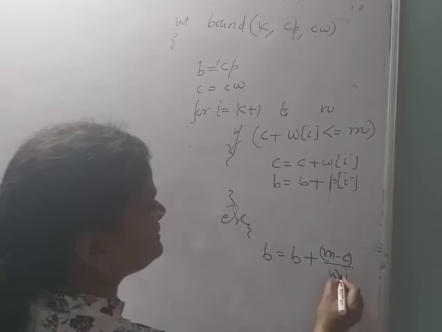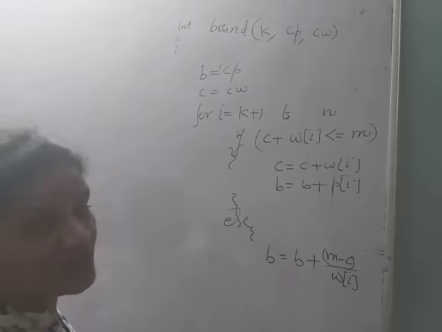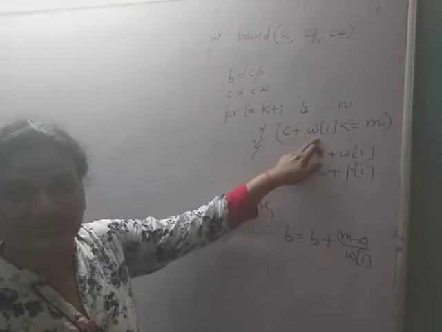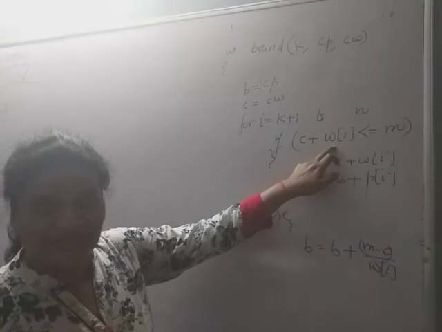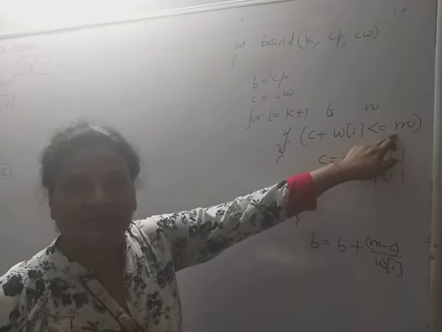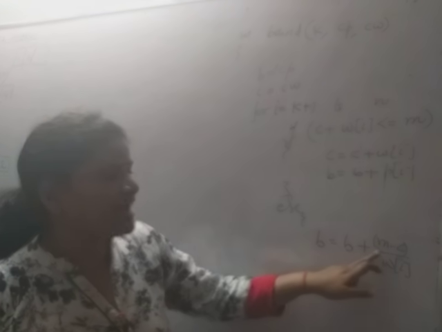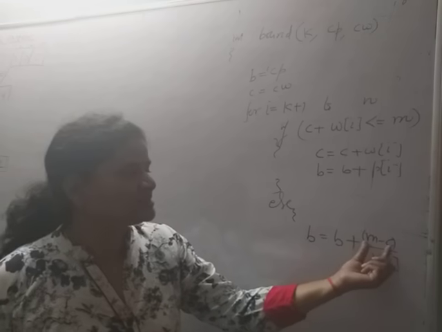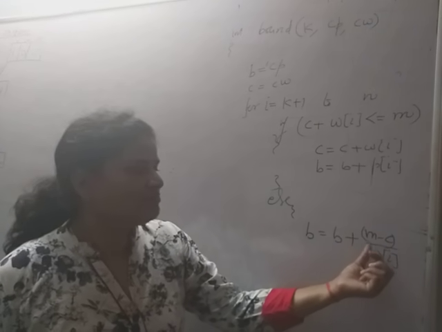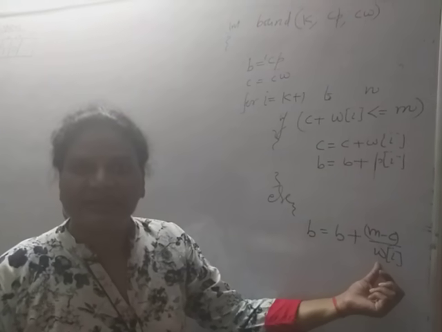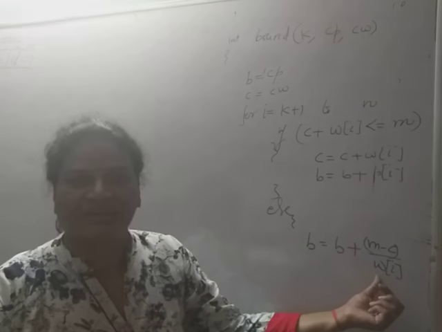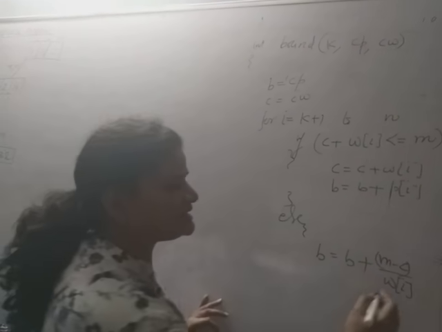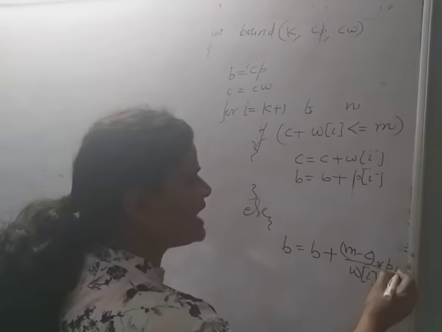Recall the greedy approach: as soon as the weight wi exceeds the current capacity, the remaining capacity will be m minus c, and m minus c upon wi is the fraction taken of the ith object, multiplied with pi.